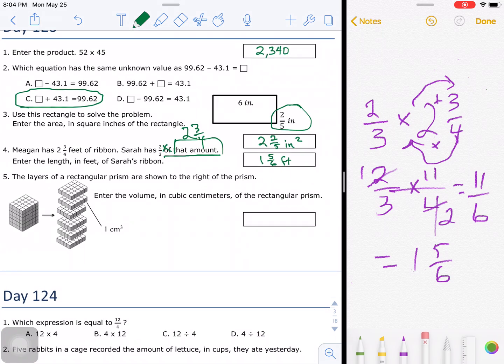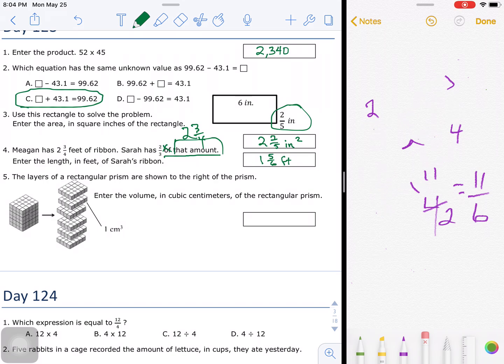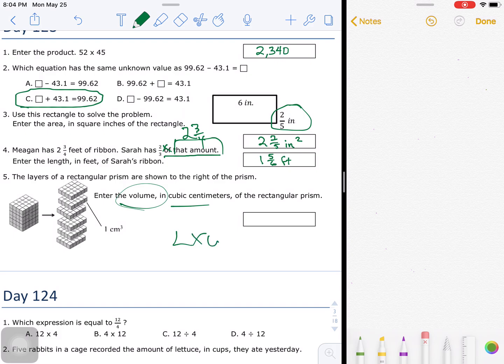Alrighty, and problem number 5. The layers of a rectangular prism are shown to the right of the prism. Enter the volume in cubic centimeters of the rectangular prism. So we know we have a length, a width, and a height. As we look at this, I see that each layer is 4 by 5, and then there are 1, 2, 3, 4, 5, 6 layers.